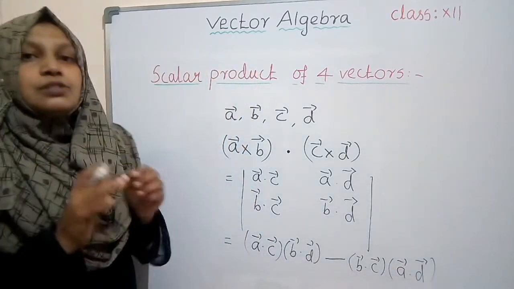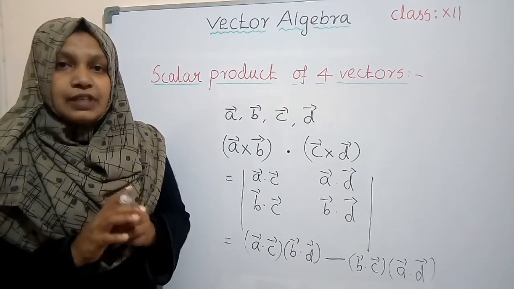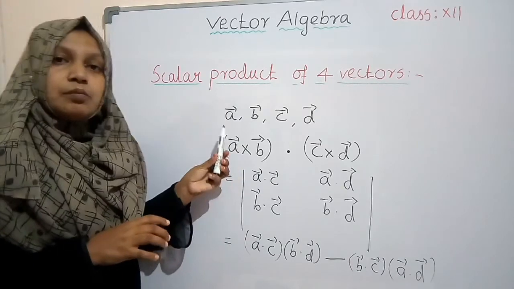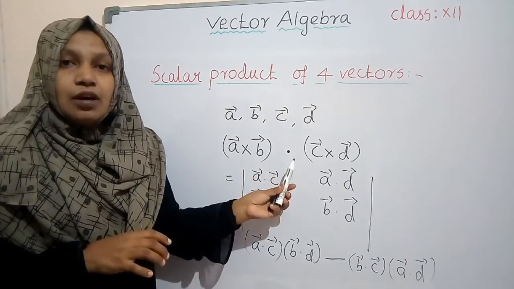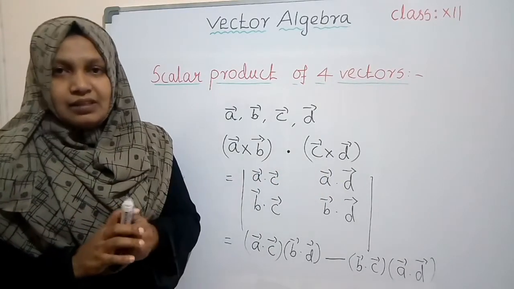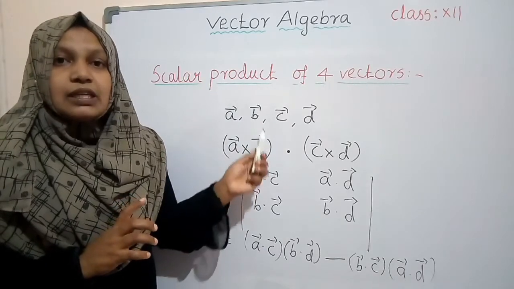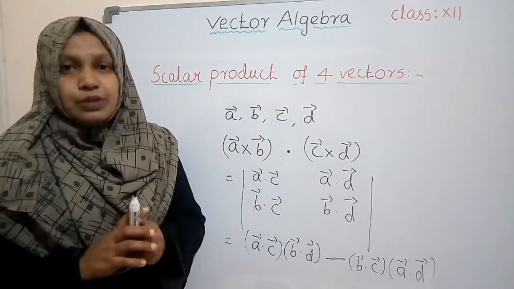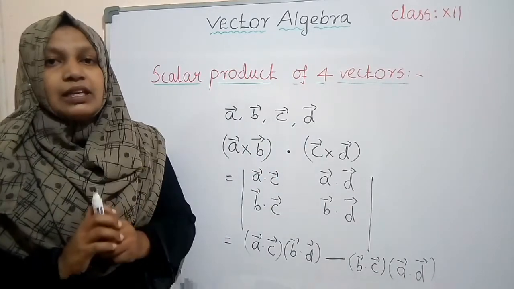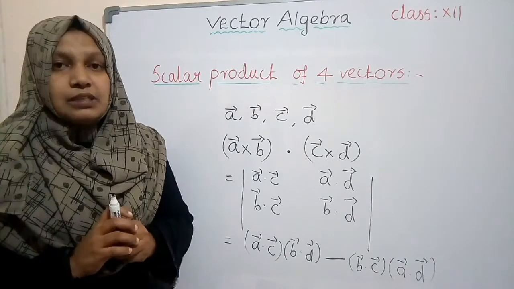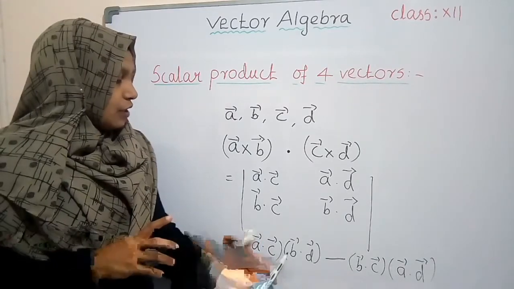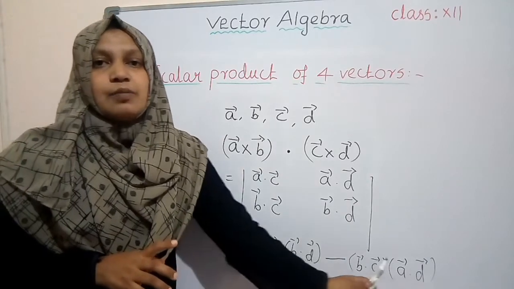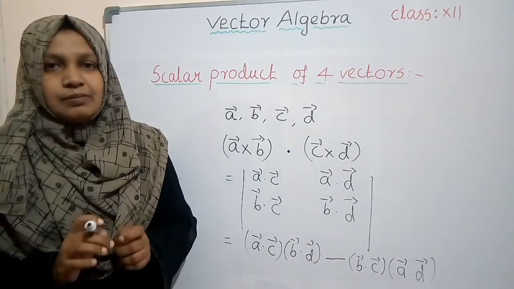Understood, children? So for the scalar product of four vectors, we can define by A vector cross B vector dot C vector cross D vector, and this can be written by using a 2 by 2 determinant, and we can expand that 2 by 2 determinant as usual, product of main diagonal minus product of subdiagonal.